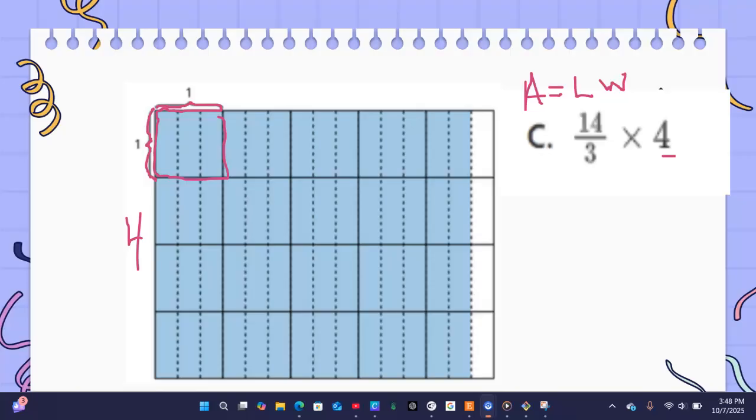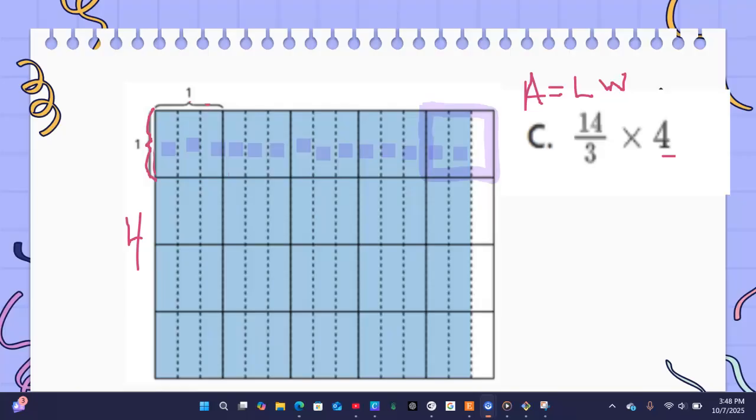All right, now let's figure out, how do we see 14/3? Well, if we go ahead and count the boxes straight across, let me go ahead and erase this. We count our boxes straight across, we have 1, 2, 3, 4, 5, 6, 7, 8, 9, 10, 11, 12, 13, 14, and one that is not shaded, but this is still in a box that has been partitioned into thirds.